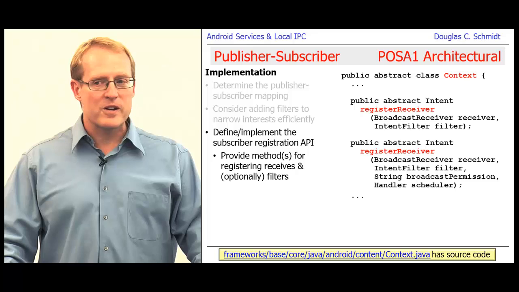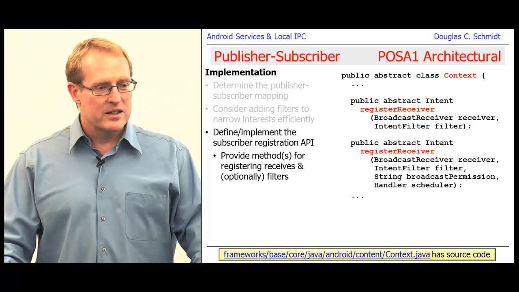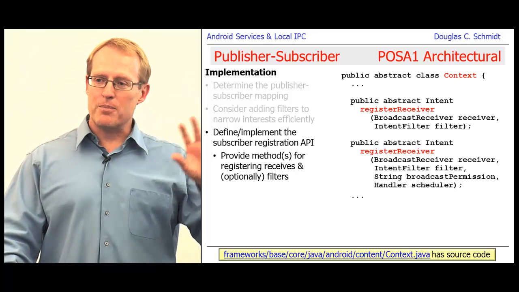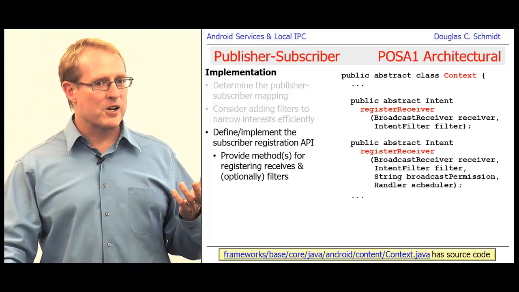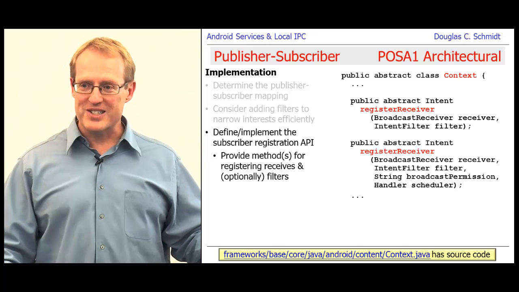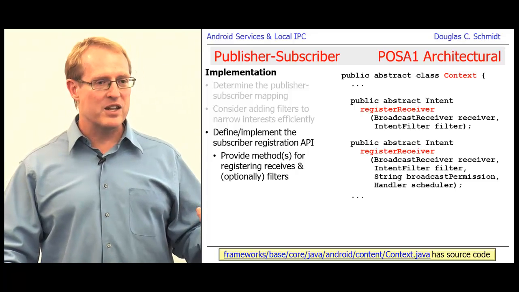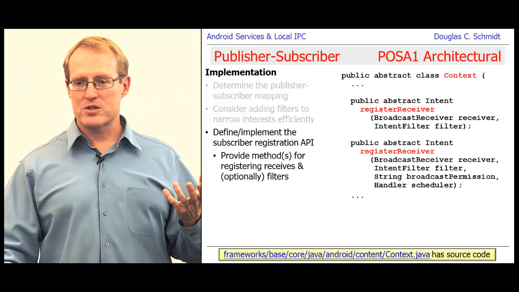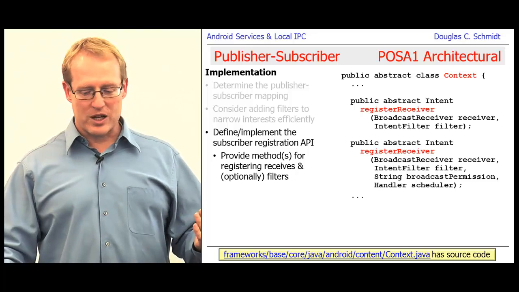Another thing you need to do is figure out how you're going to define and implement the subscriber registration API. And there's a couple of pieces to this. First, you have to figure out how you're going to let applications, which in this case could be activities or services, register broadcast receivers to get called back. And there's a couple different variants here.